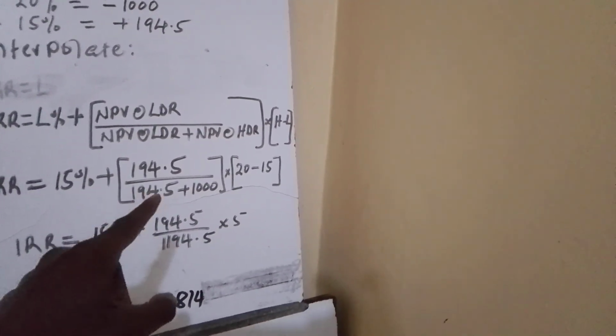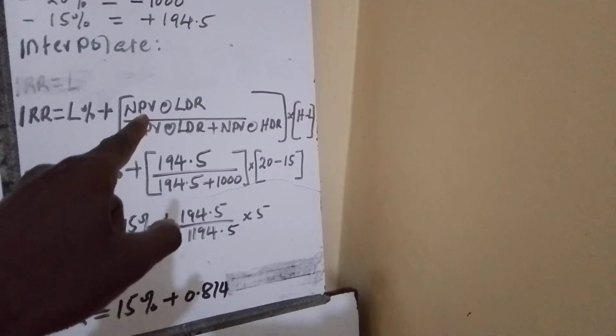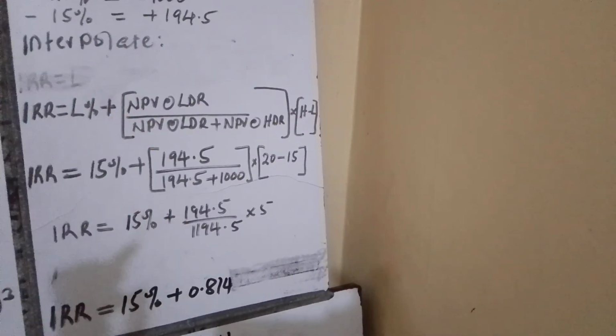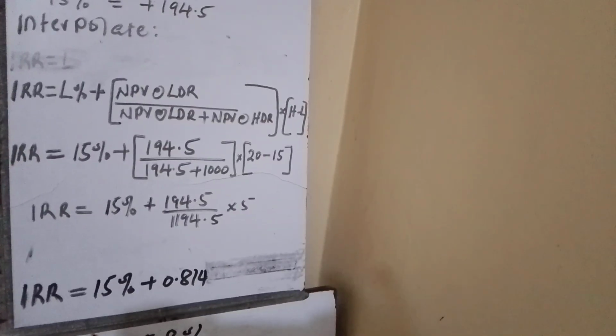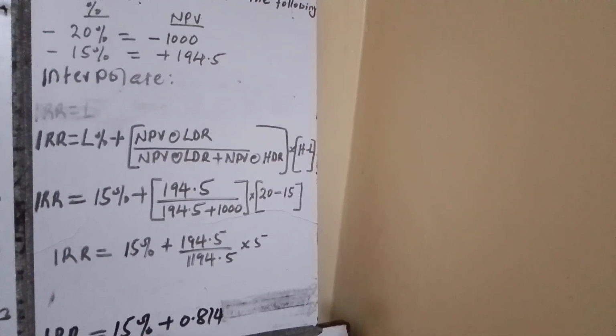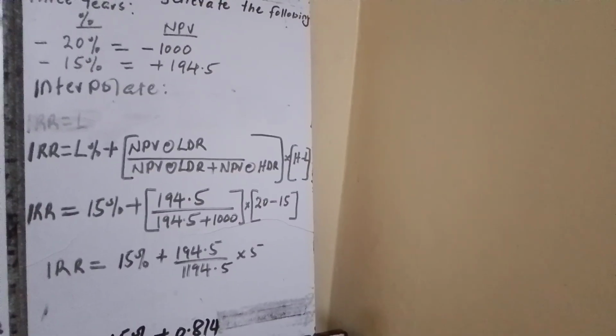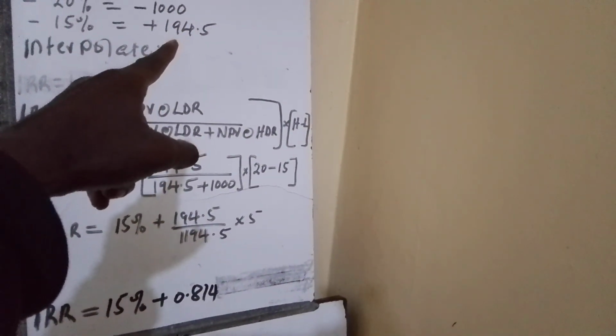Plus 194.5. You can see our numerator there. We are saying NPV at the lower rate, the NPV which is produced by the lower rate. The lower rate of 15% gives us what? Net present value of 194.5.